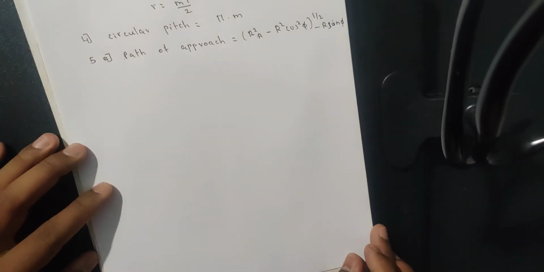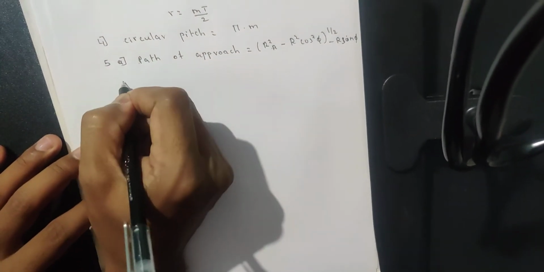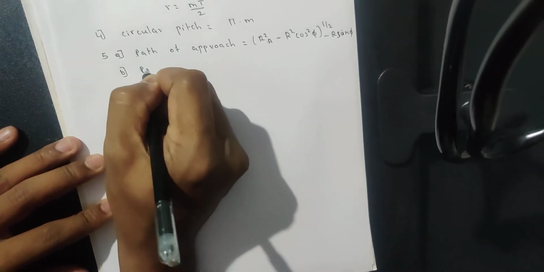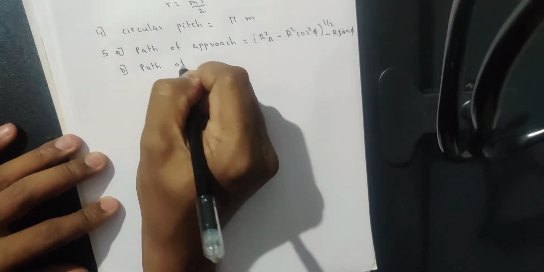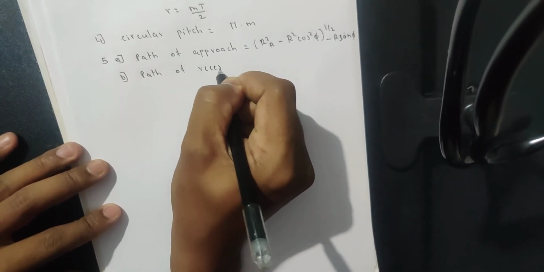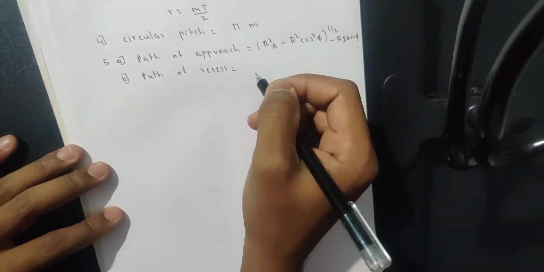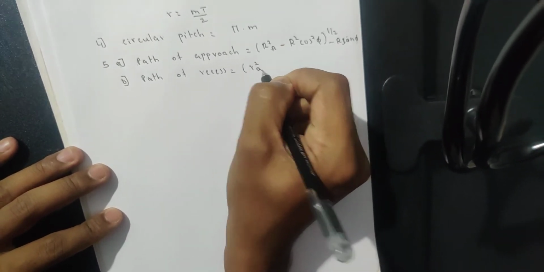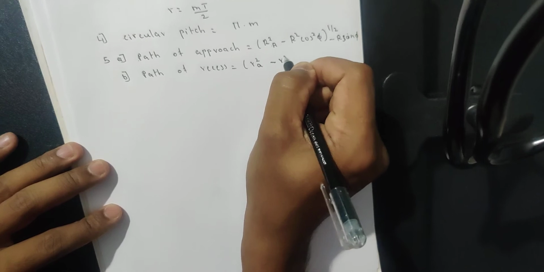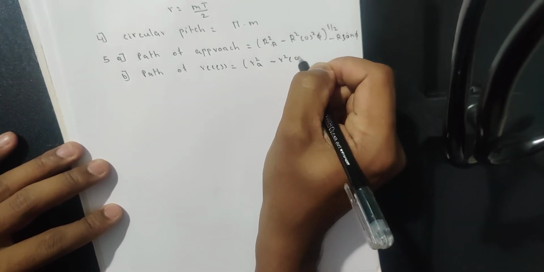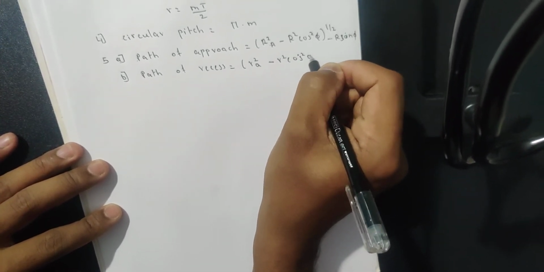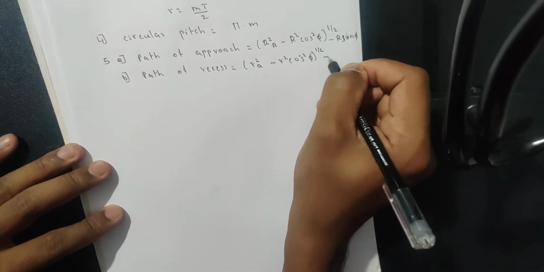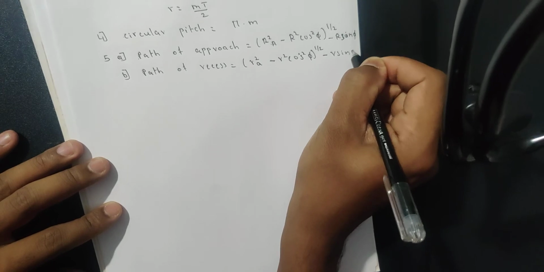Next comes the path of recess. This formula remains the same, but we will be using small letters. So (r square a minus r square cos square phi) raised to 1 by 2, minus r sine phi.